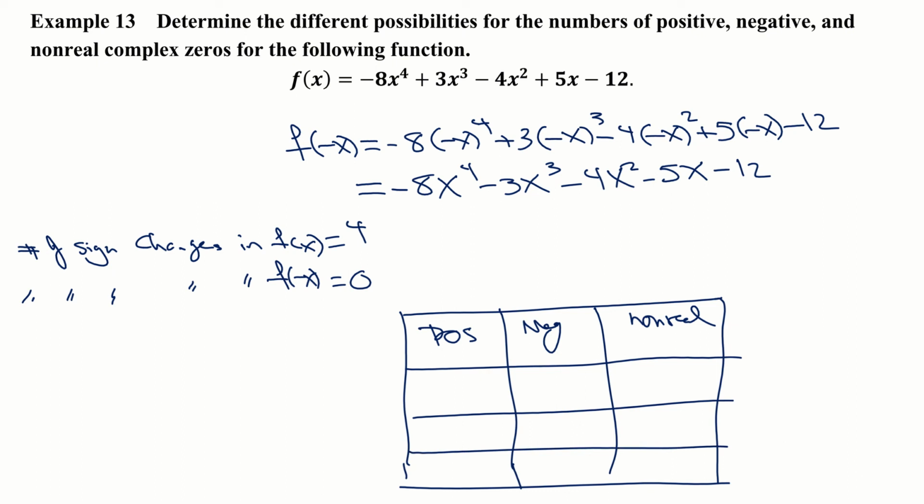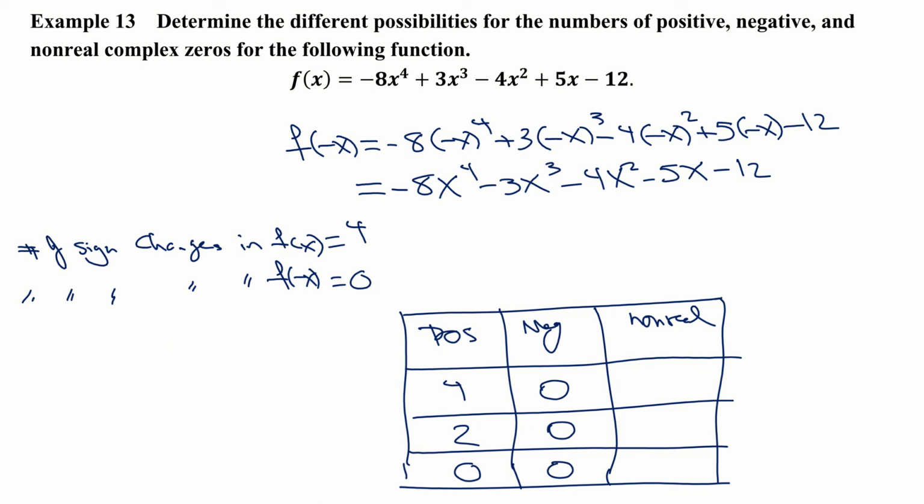All right, so don't forget, this time the number of possible positive roots is going to be 4, 2, or 0. How about negatives? That's easy.